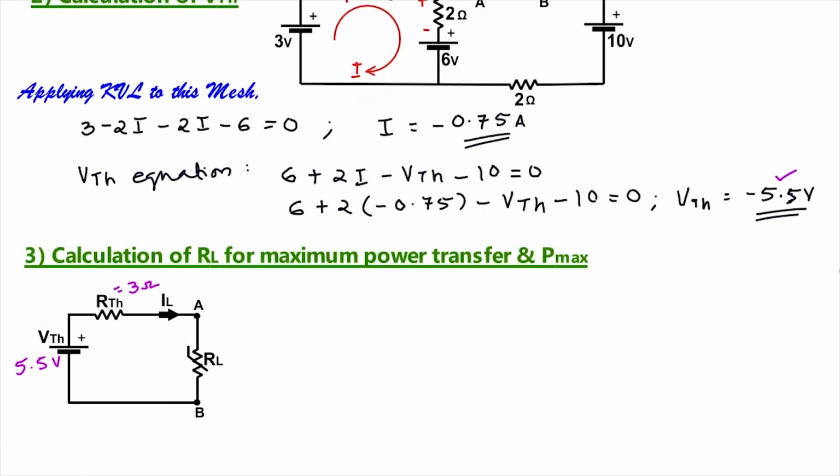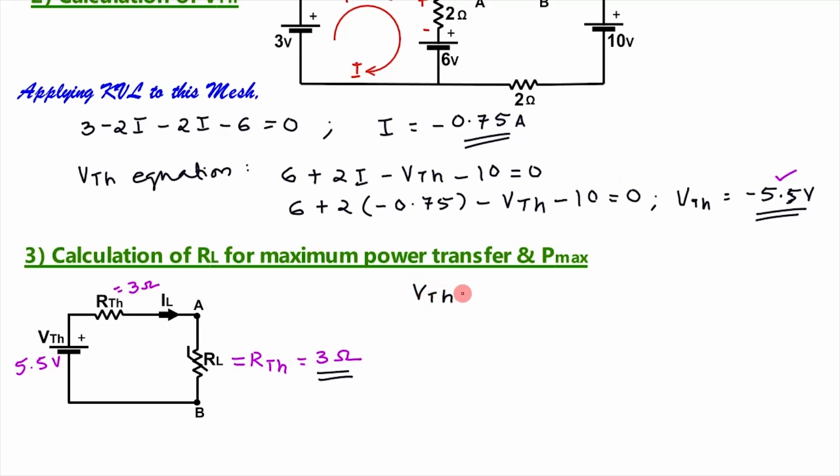As per maximum power transfer theorem, we studied that maximum power will be delivered when RTH is equal to RL. So load resistance RL is equal to this Thevenin equivalent resistance RTH, which is equal to 3 ohm.